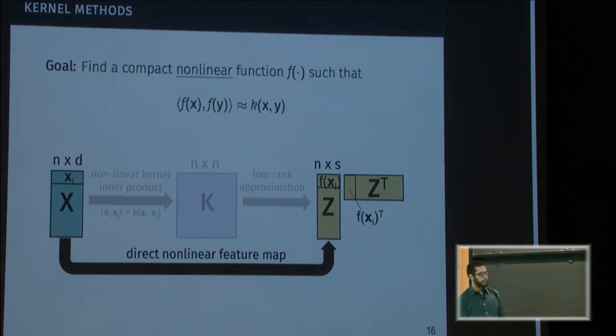Here x is just still the original data point, xi. You don't necessarily need to think of f of x as being smaller or larger than xi. Think of them as unrelated. We're going to choose the size of f of xi as we need to get a good approximation of the kernel matrix, but don't think of it as related to xi's size.